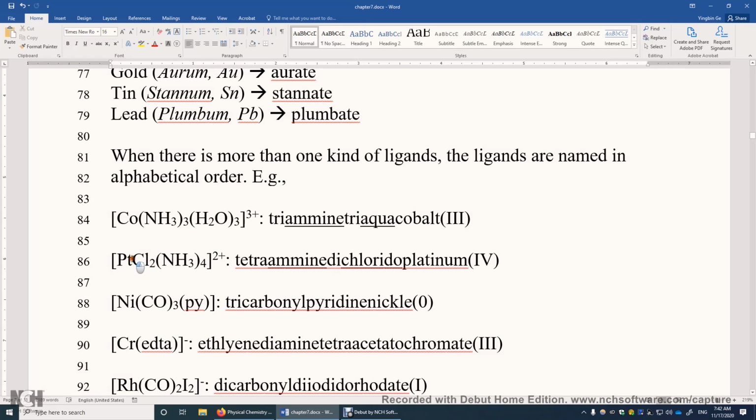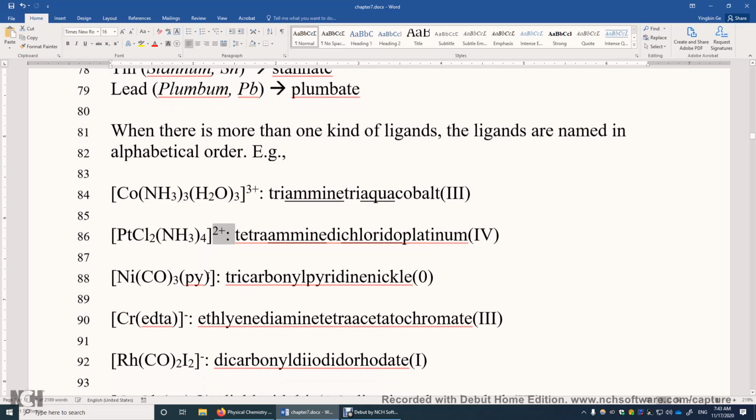So really you are looking at 2 chloride minus here. Therefore, we have 2 negative charges here. Ammonia ligands are neutral, so we have -2, 0. And then the oxidation number of platinum plus -2 plus 0 is equal to +2. That means this platinum will have to bear 4+ charges.